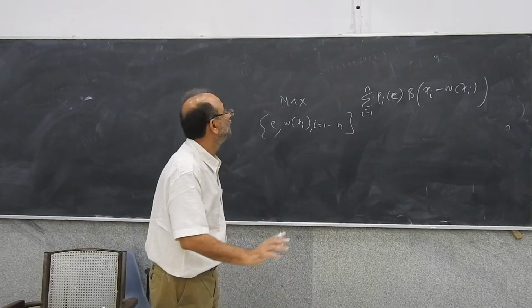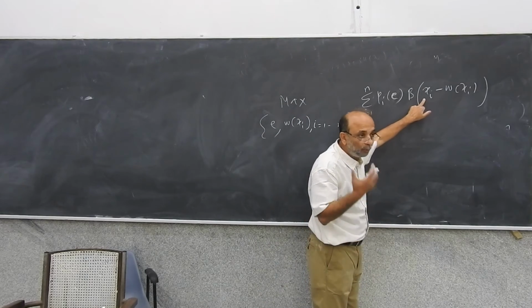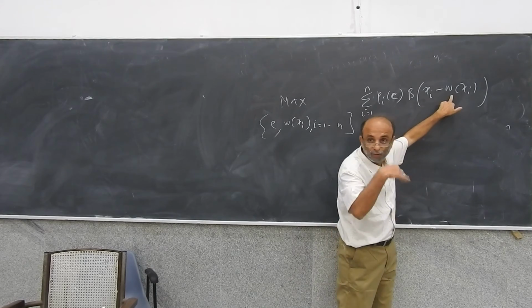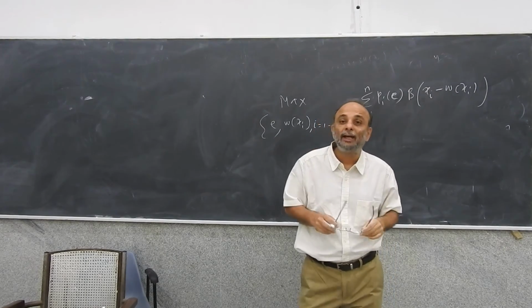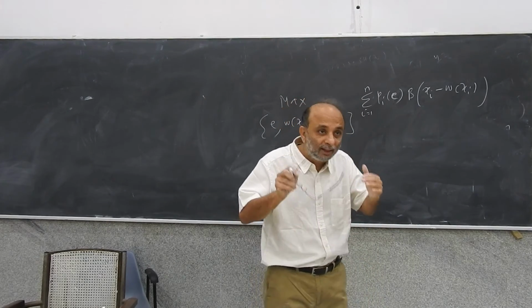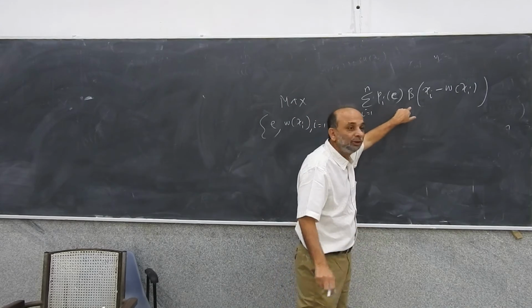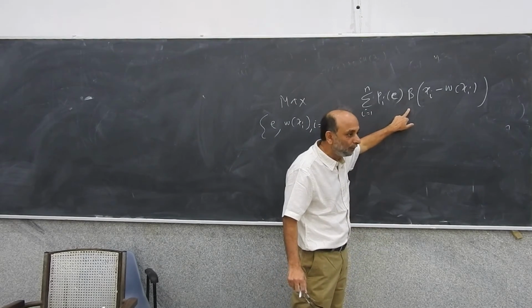See, what is this? Xi is the value of the output to the principal. If xi occurs, he pays W of xi. So xi minus W of xi is what the principal gets if I sell xi ballpoint pens. Right? So some function of that is what the principal wants to maximize.